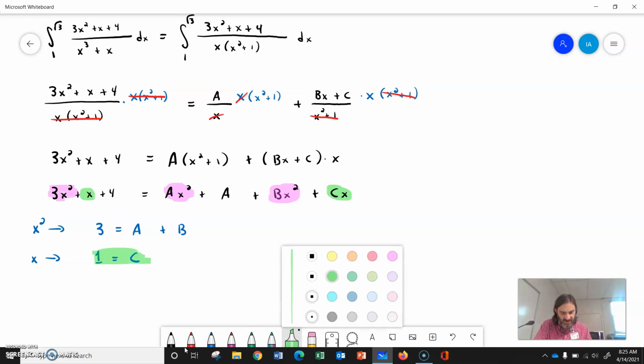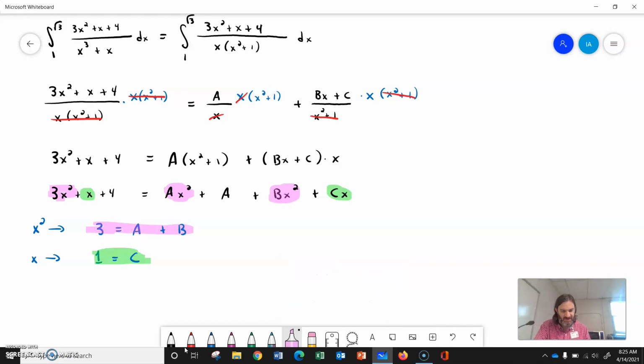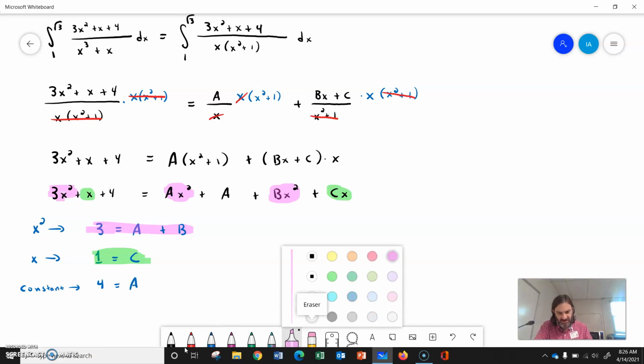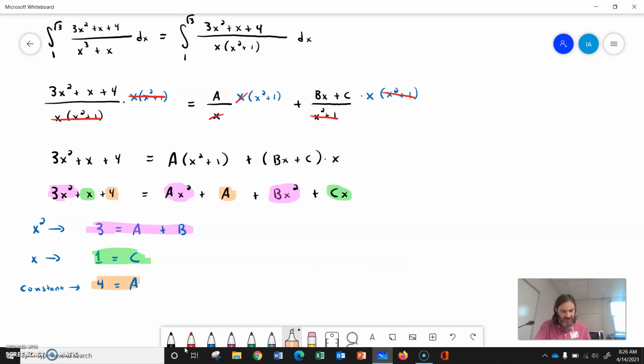Let's go back and highlight the other one just so people can see where it came from. And the last thing we have is the constant. There's a 4 on the left and there's only an A on the right. So even though we had 3 unknowns, very quickly we have already solved 2 of them.